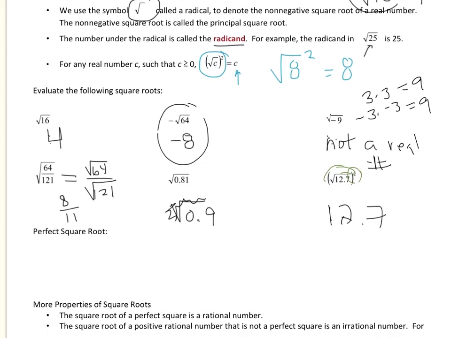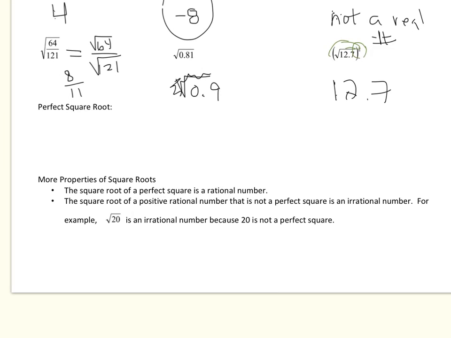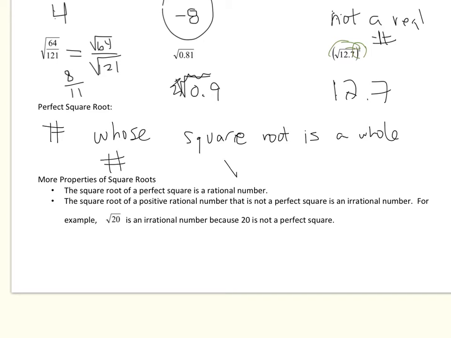All these roots above are what we refer to as perfect square roots. A perfect square root is just a number whose square root is a whole number. Like the square root of 49 is a perfect square root because it's 7.